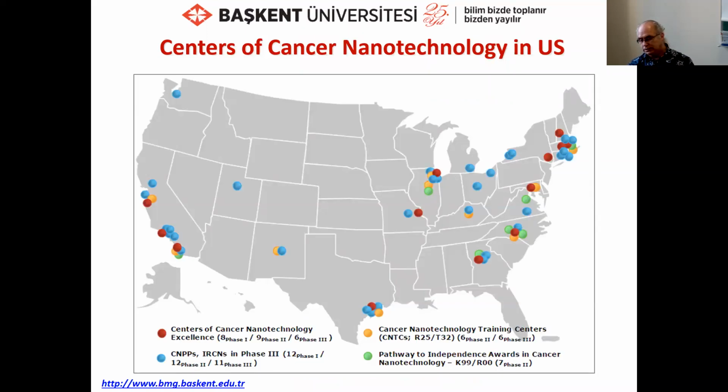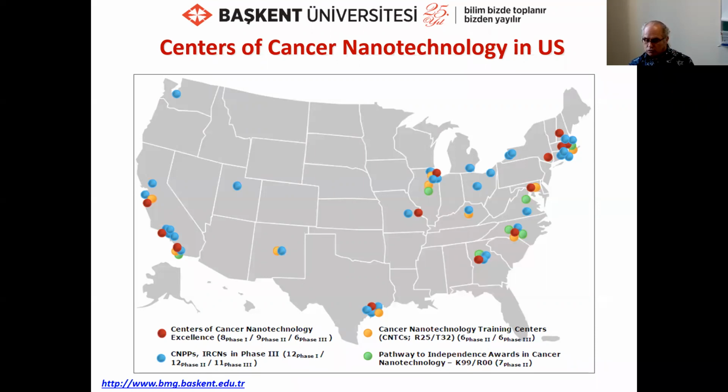If you remember the old slide related to the centers for cancer nanotechnology, the blue, red, yellow, and green balls represent the centers. You can remember it was 8. The number increased to more than 10.